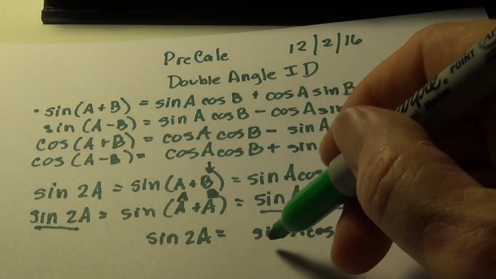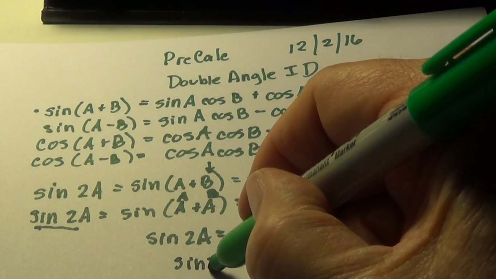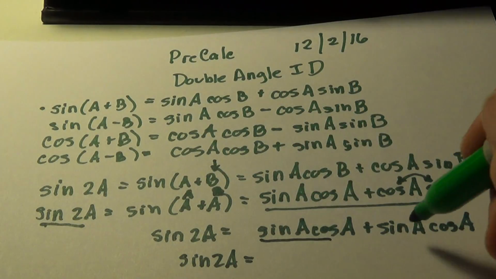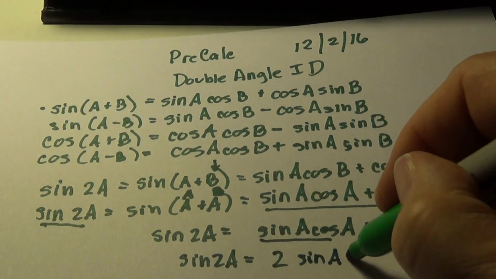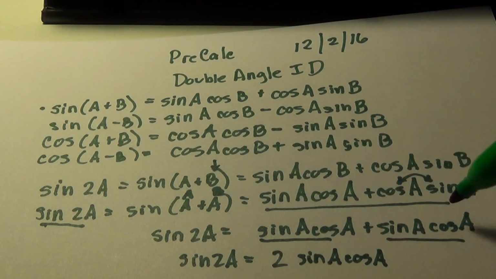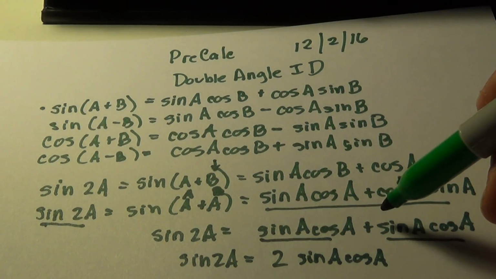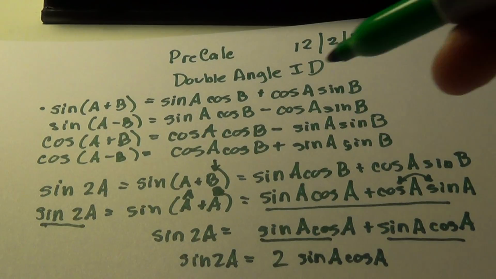So we have one of these and one of these. So when we have like terms, we can add them. So this plus this, 2 sine A cosine A. So it's like 1 apple plus 1 apple is 2 apples. 1 sine A cosine A plus 1 sine A cosine A is 2 sine A cosine A. So it's just adding like terms. How do you like them apples?